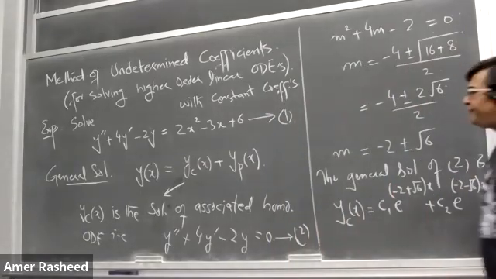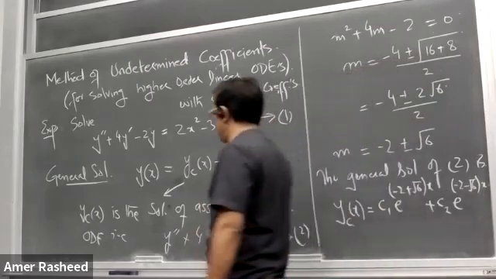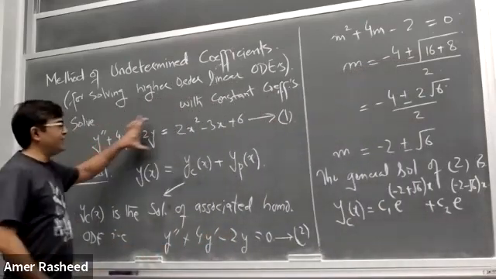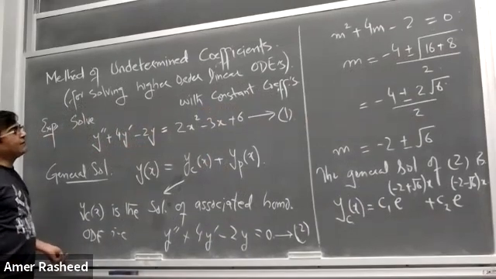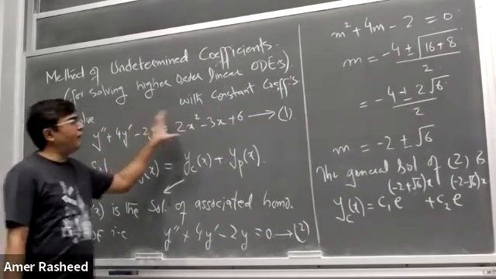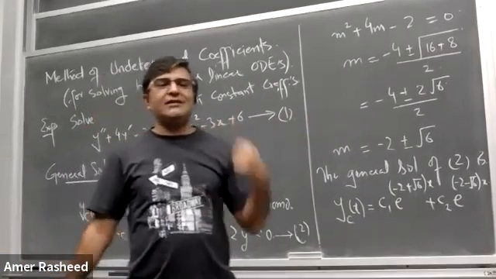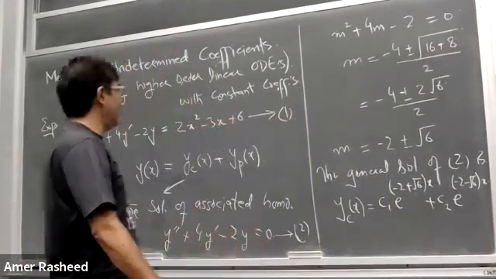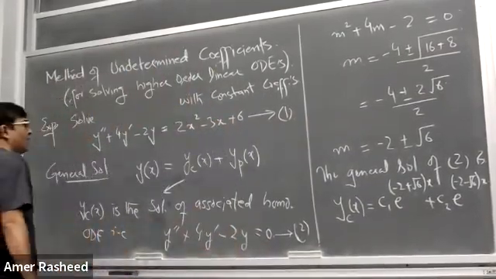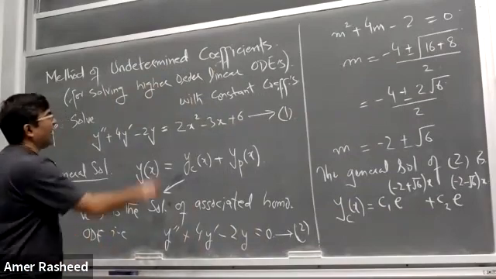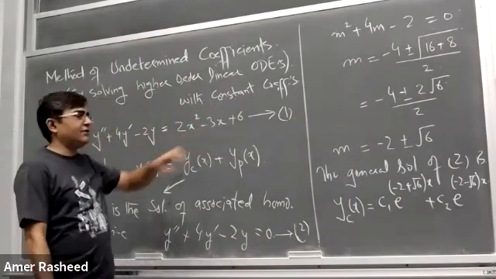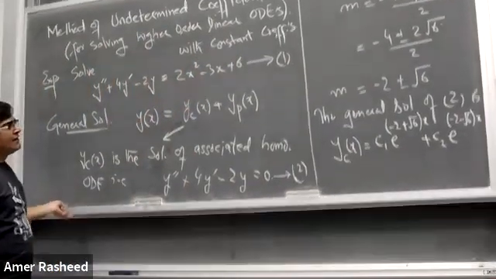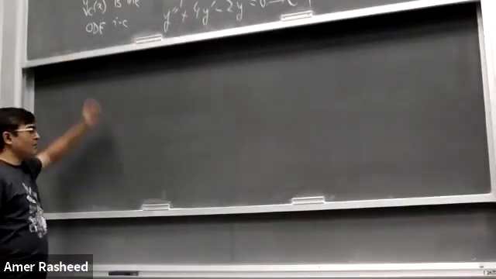Now, we need to find the particular integral or the particular solution of this differential equation 1. I told you that the particular solution of a non-homogeneous differential equation of this kind is assumed by looking at the right-hand side. The right-hand side is a second degree polynomial.